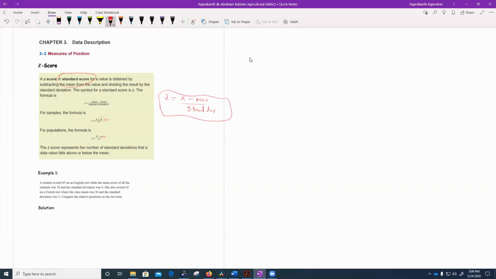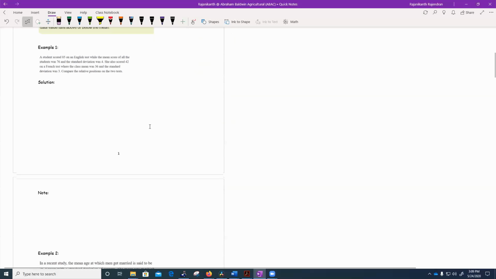Okay, so now let's look at this example. A student scored 85 on an English test while the mean score of all the students in the class was 76 and the standard deviation was 4. She also scored 42 on the French test where the class mean was 36 and the standard deviation was 3.